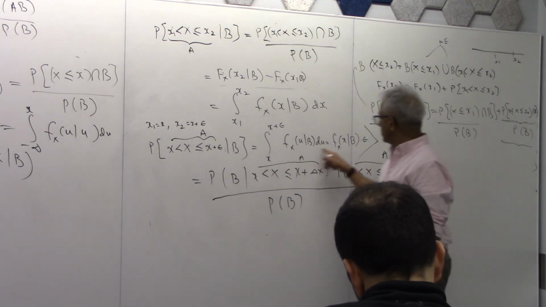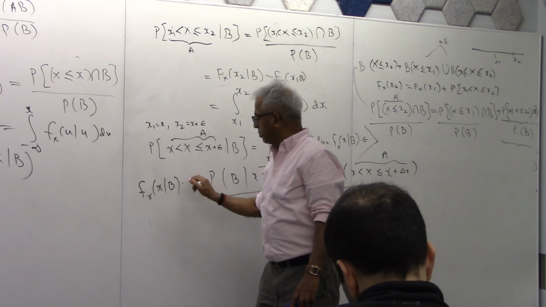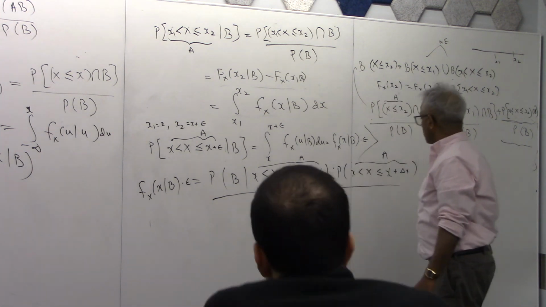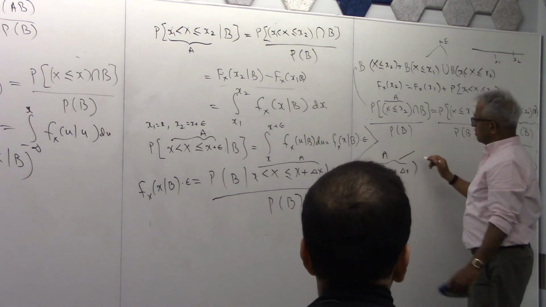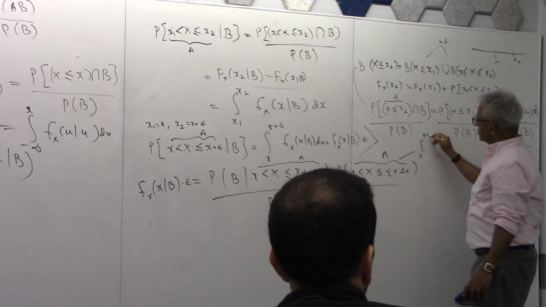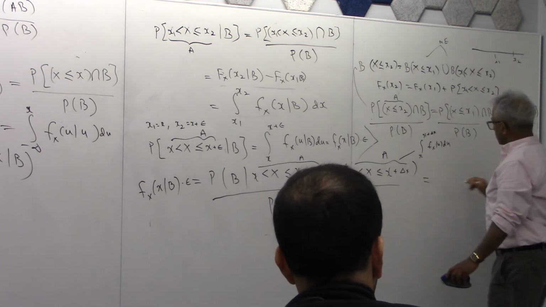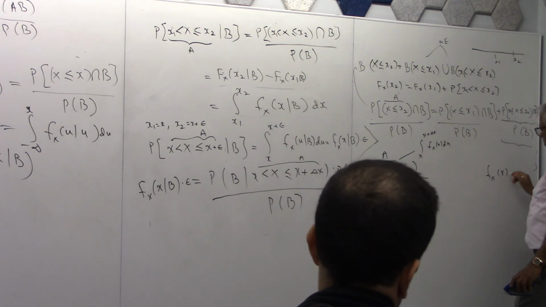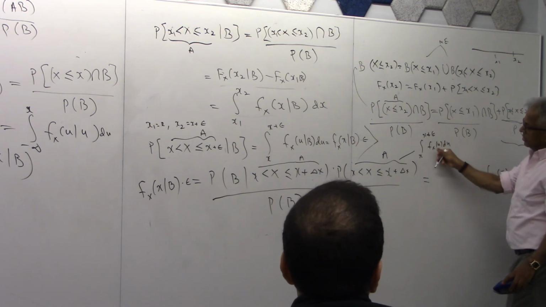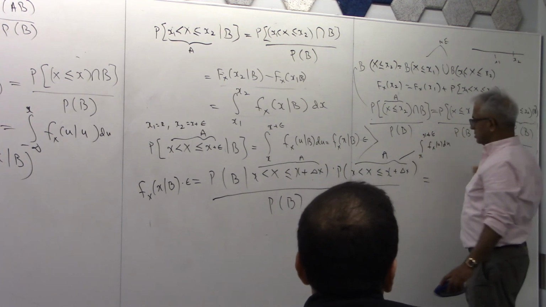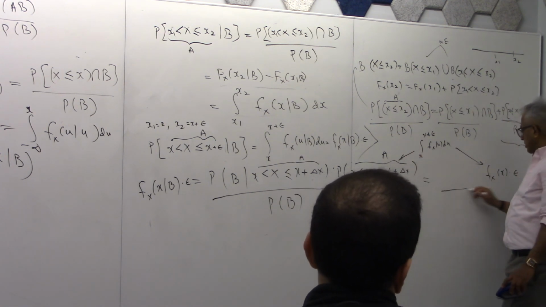But we have already computed this, so I'm going to substitute this on this side. This is f_X of x given B multiplied by epsilon. Now, how do I simplify this? This term itself is the integral from x to x plus delta x of f_X(u) du. So the last term is going to be f_X(x) multiplied by epsilon, not delta x, epsilon. Again, by the same argument, this integral can be approximated. So that's this term. And the denominator is just P(B).